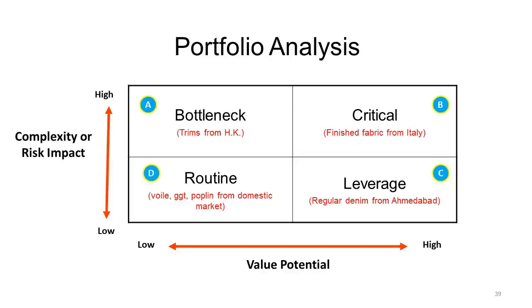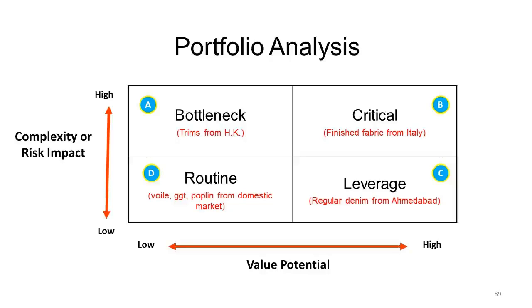Now if you look at C, C is where the value is high but the complexity is low. So if you are buying regular denim from Ahmedabad, from Arvind Mills, 3x1 twill or 2x1, 1x2 or 3x2 twill, which is regular fabric from Arvind denims, in that case you don't really pay so much attention, but because the value is high, you try to leverage it.